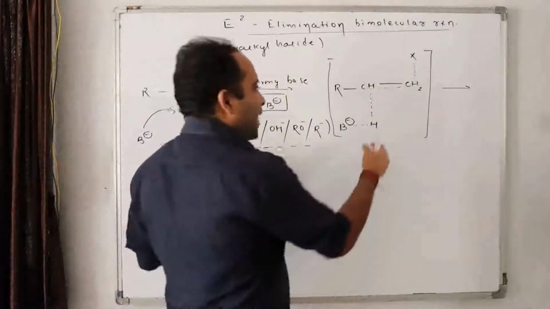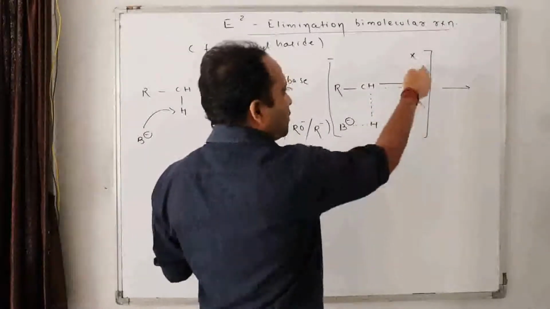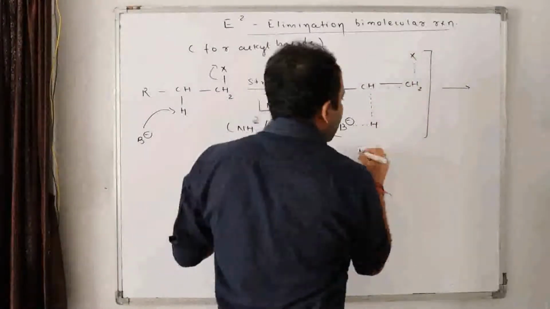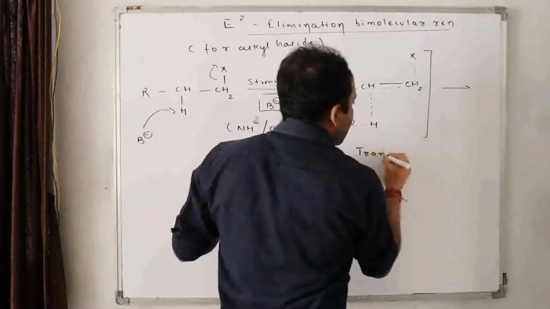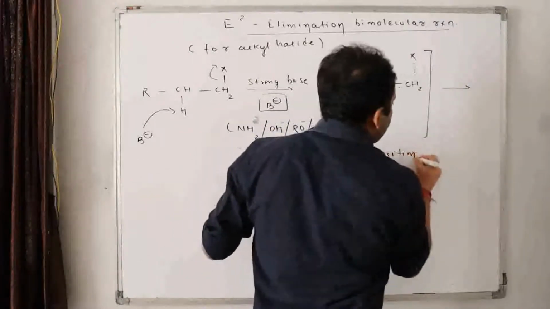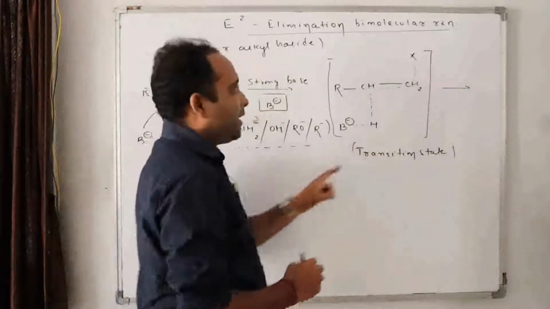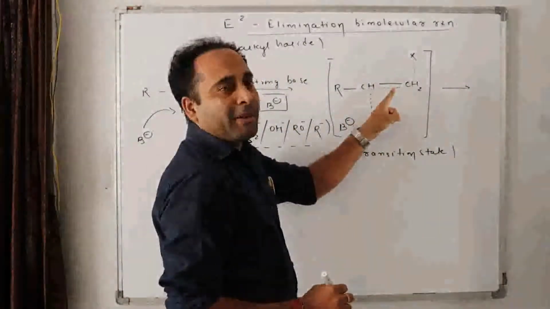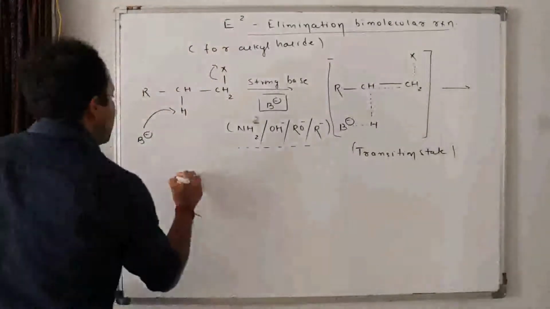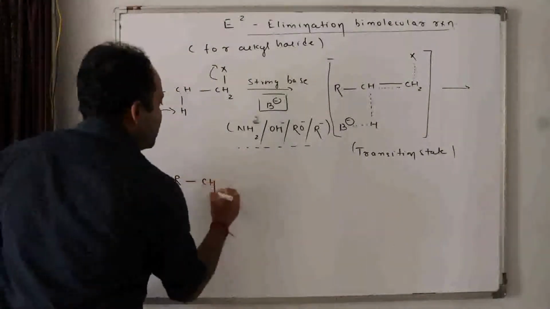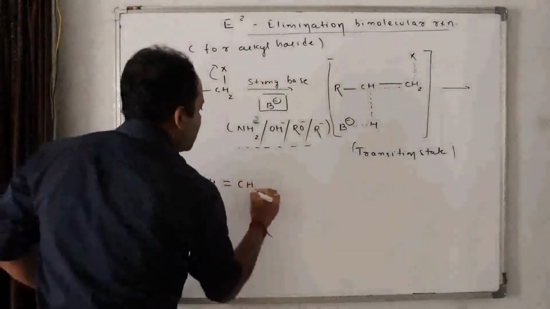What happens? Simultaneously, this is leaving and this is also leaving, and this is the transition state. Clear? And here in the transition state, there is double bond character being developed. So what happens next? RCH=CH2.